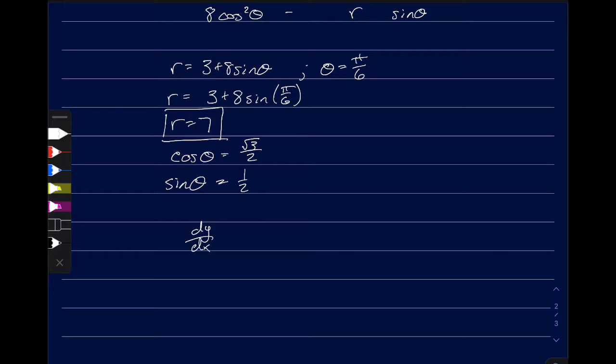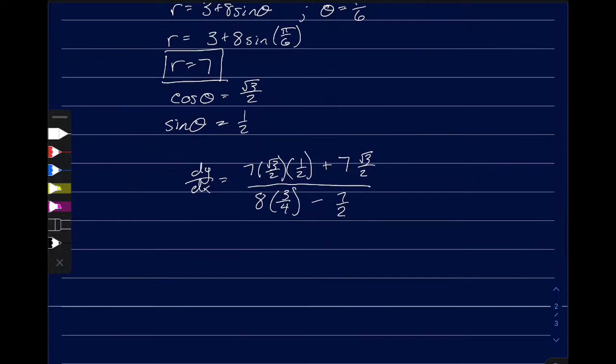So plugging all of this in, we get dy/dx is equal to 7 times cosine theta, square root of 3 over 2, times 1/2, plus 7 times cosine of theta, which is square root of 3 over 2, all divided by 8 cosine squared of theta, so 8 times 3/4, minus r sine theta, so minus 7 over 2.